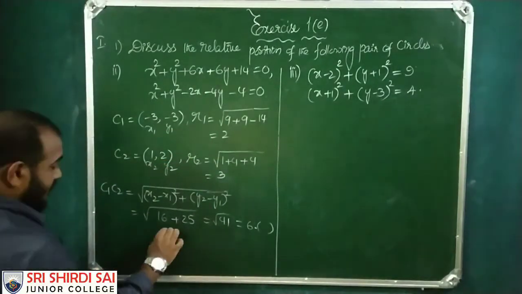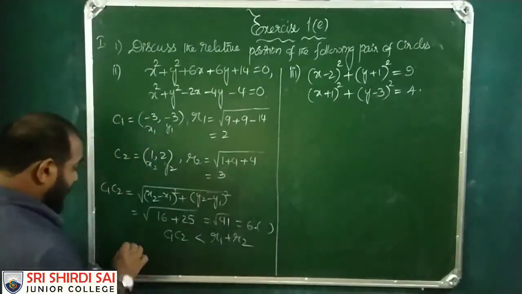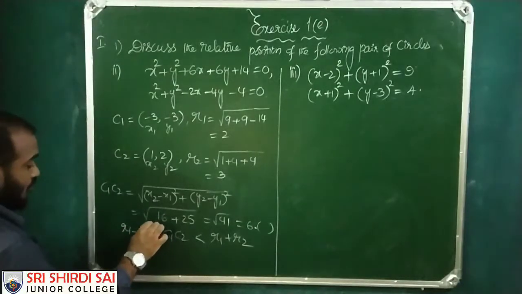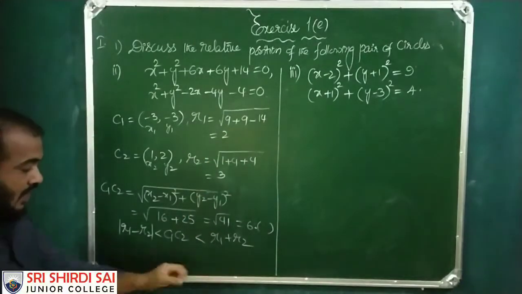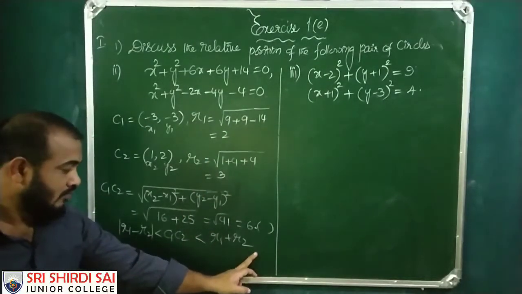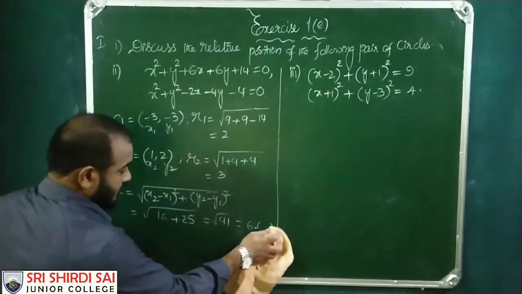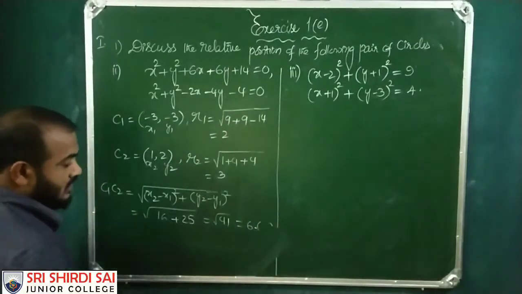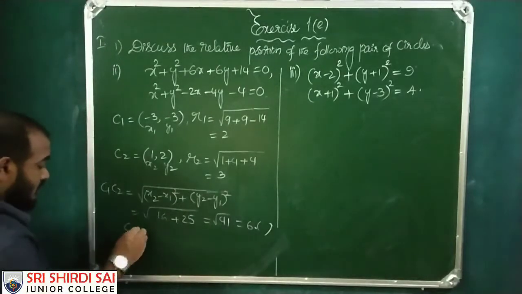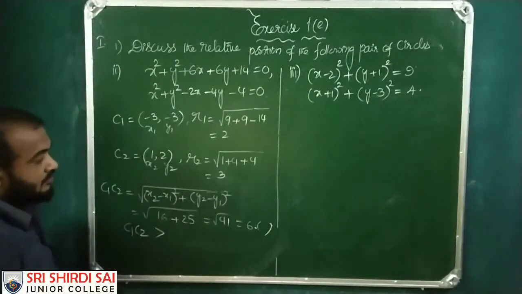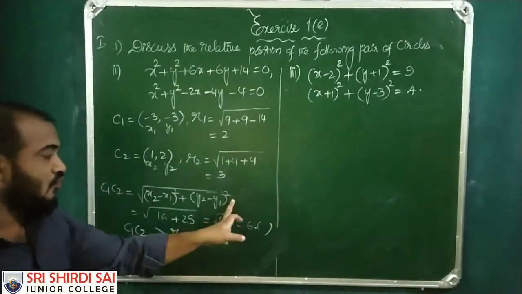Here C1C2 is 6 point something, and C1C2 is greater than R1 plus R2, because 2 plus 3 is 5.